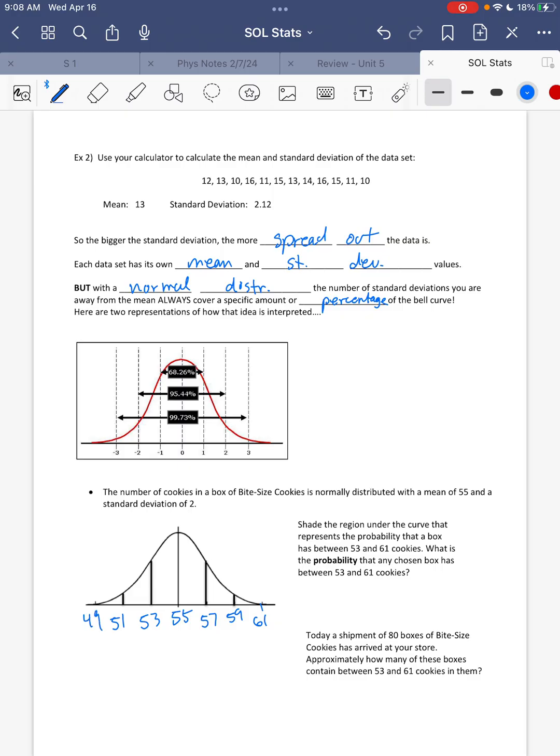My question says, shade the region under the curve that represents a probability. What I forgot to mention is that this normal distribution is meant to get you the probability that something's going to happen. The area under this curve is equal to 1. If you added up all this space, it's equal to 100%, or a probability of 1.